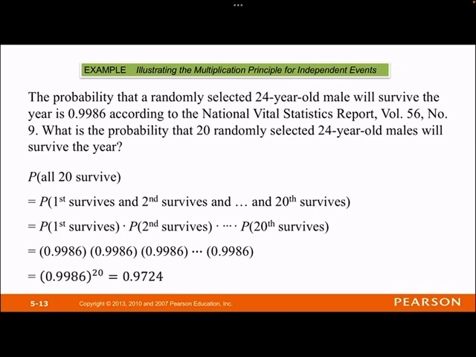We can do 0.9986 to the 20th power, which gives us 0.9724 for our final answer. So the probability that all 20 survive is 0.9724. That's the end of objective 2. The next video will deal with objective 3.